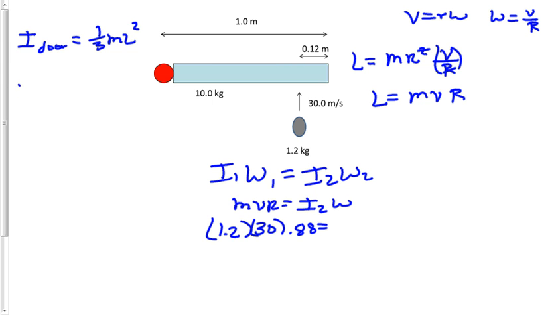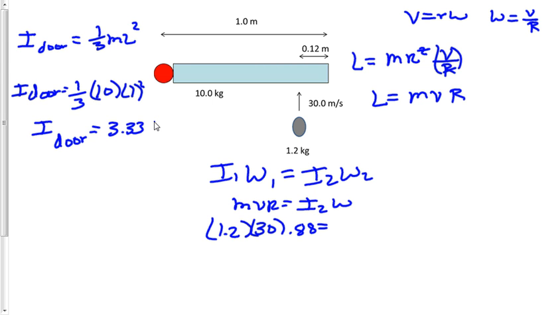So I for the door equals 1/3 the mass of 10 kilograms, and it's 1 meter wide, so times 1 squared. So the I for the door then has a value of 3.33 kilogram meters squared.